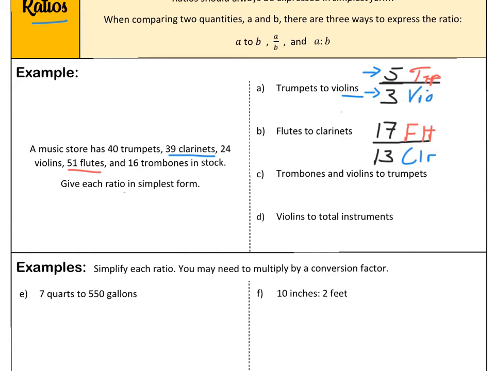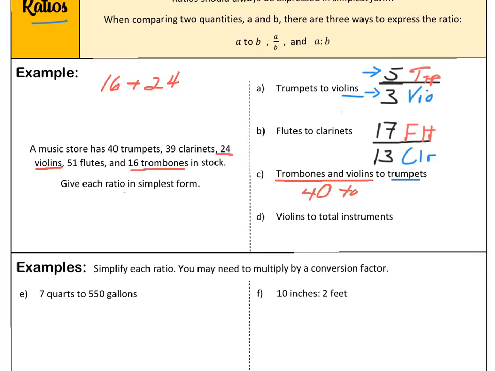For C, my next ratio is a little different because it's trombones and violins together. So if I go back to my list, trombones and violins, that total is going to be 16 and 24 together, which is 40. So I know for my first part of my ratio, it's going to be 40. And I'm going to compare that to trumpets.